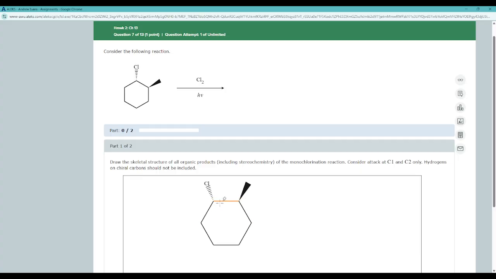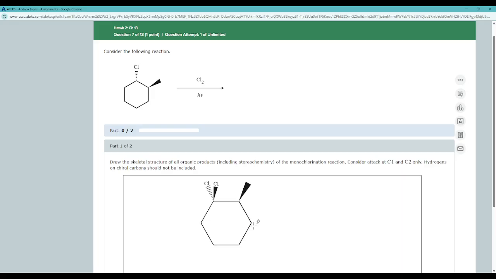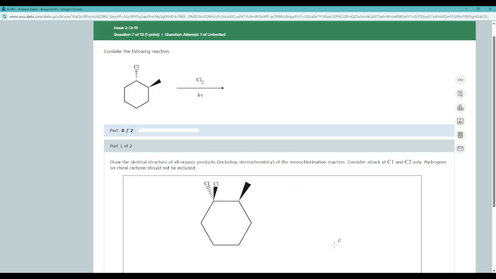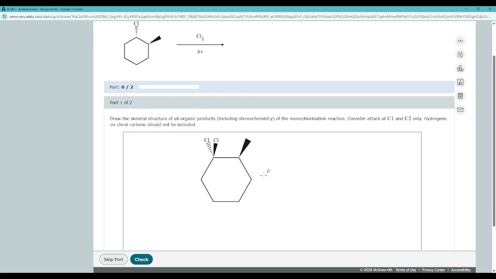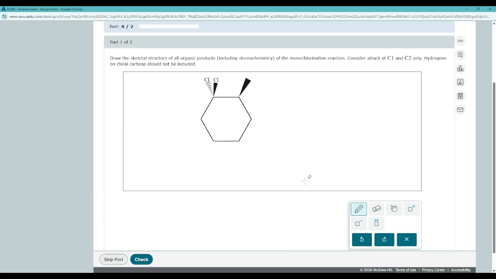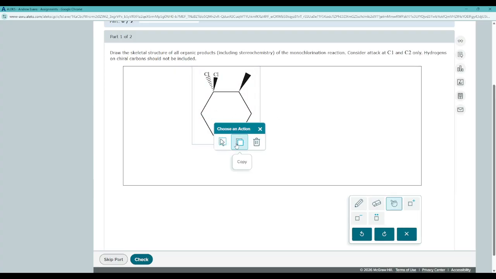Well, if I attack C1, I'm not sure that's going to be super spontaneous, but if you do that, that's what you would get. Now, can I copy? Yeah, I can copy. I'm going to copy this down.